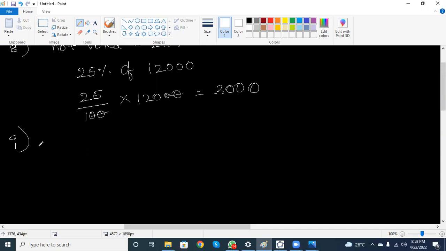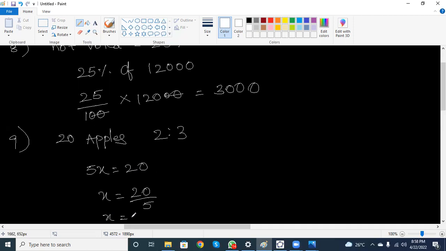Next, 9th question. Divide 20 apples in the ratio of 2:3. 20 apples, 2:3 ratio. So total how many parts? 2 plus 3 means 5 parts. So 5 parts is equal to 20. So 1 part is equal to 20 over 5. So each part is equal to how much? 4.